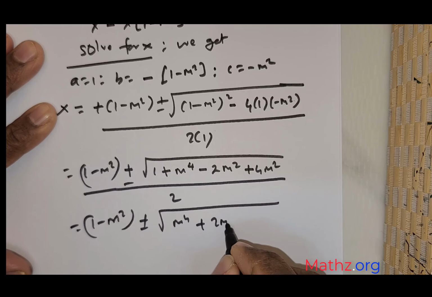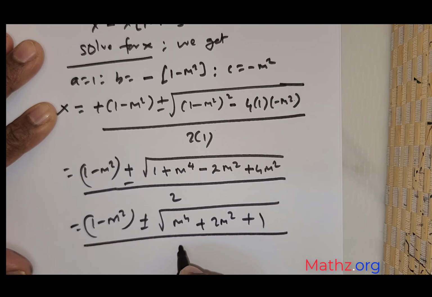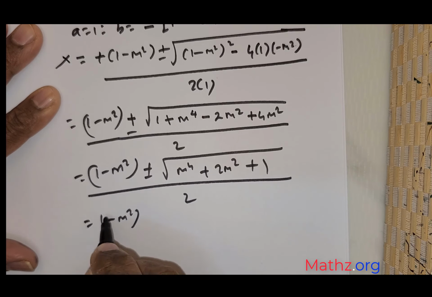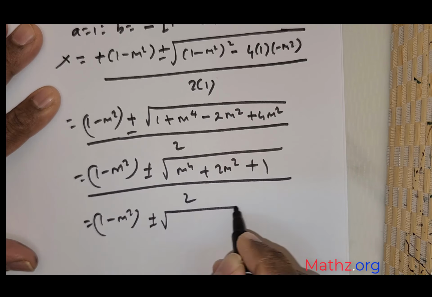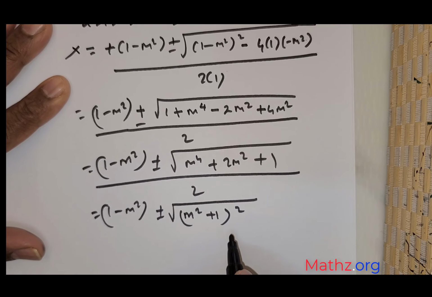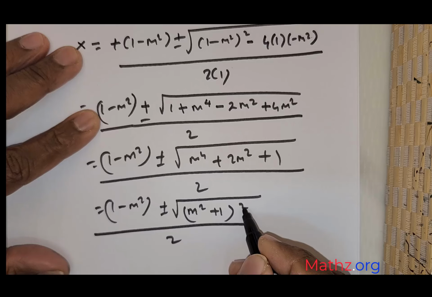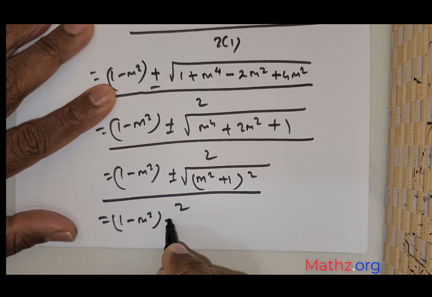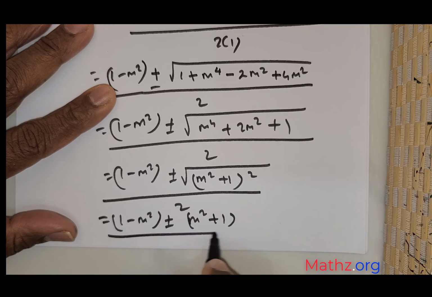This is positive 2m squared positive 1 divided by 2. This can be rewritten as 1 negative m squared plus or minus square root of m squared positive 1 raised to the power of 2, right? So that will give you m power 4 positive 2 times m squared positive 1 divided by 2. So the square and the square root, they get neutralized, giving me 1 negative m squared plus or minus m squared plus 1 divided by 2.